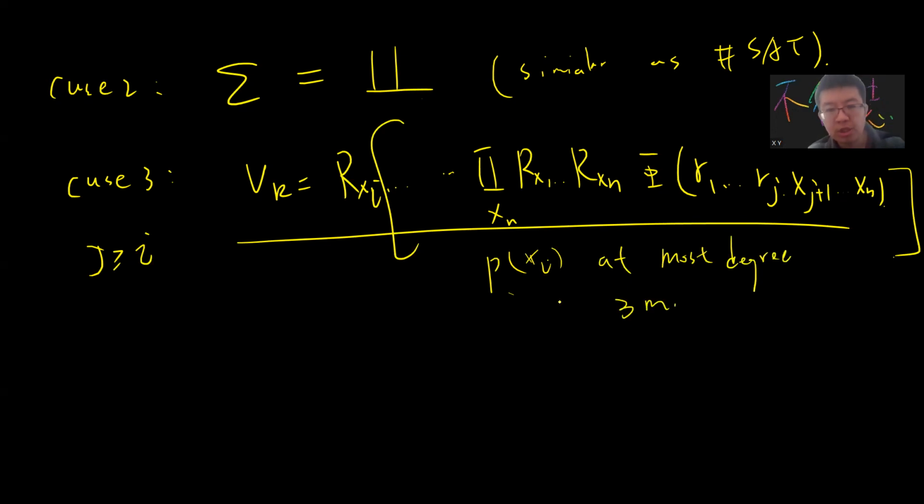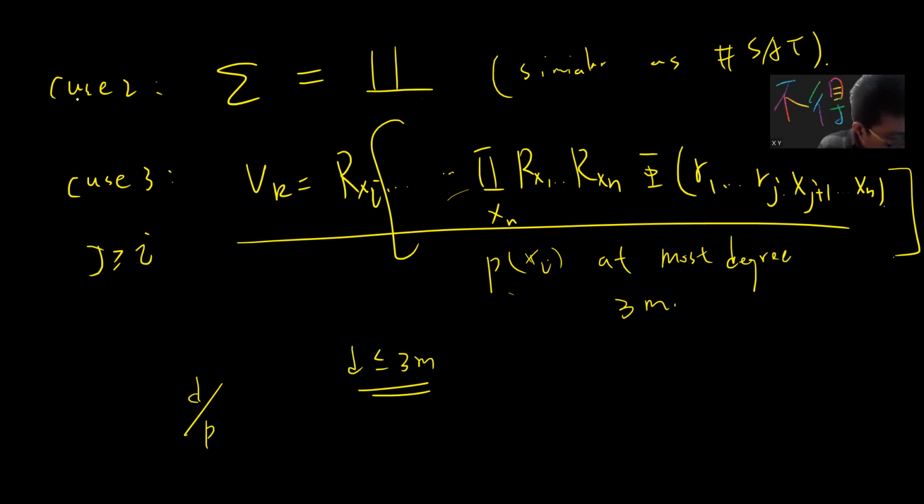You can check this, because although P of Xi doesn't have Xi, in the previous step we still have some Xi. So P of Xi must have degree 3m. You can prove that in this case the cheating probability is at most d divided by p, where d is at most 3m.